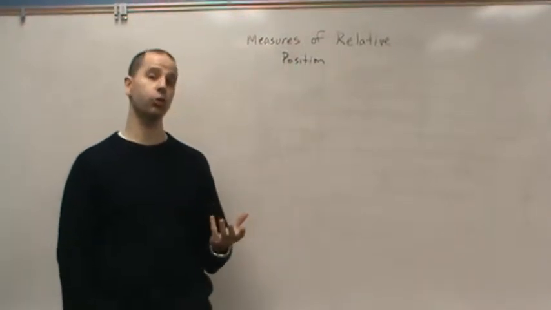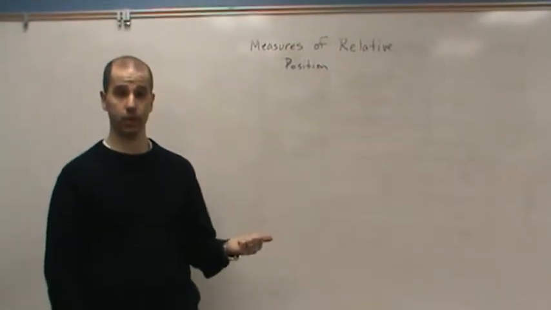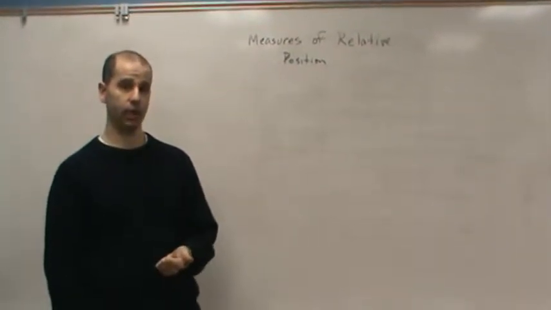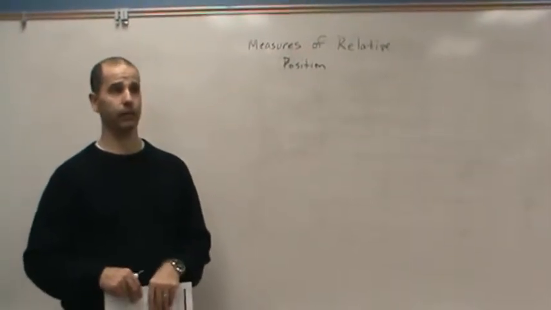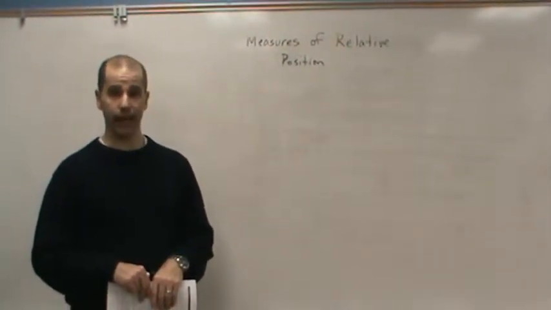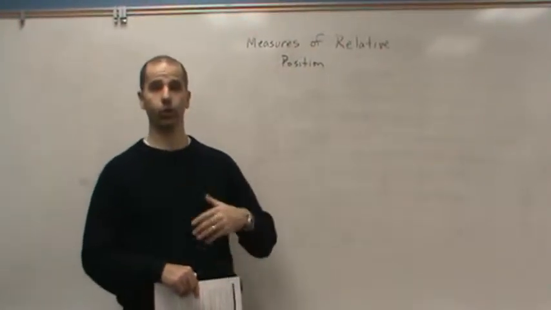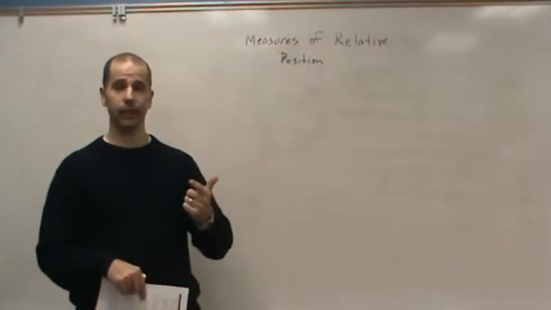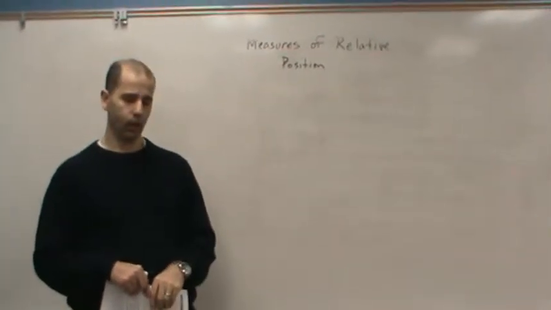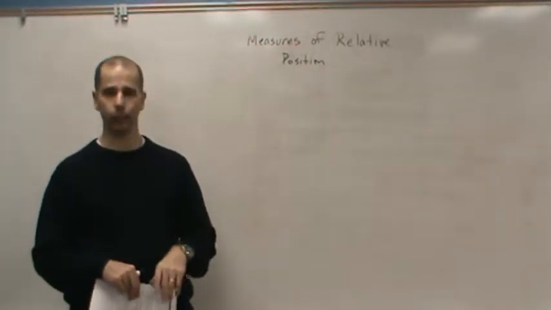What if we have two different populations, both bell-shaped and symmetric, with different means and different standard deviations? Let's say I'm talking about the weights of Angus cows, normally distributed, and I give you the mean and the standard deviation, and just a random weight.